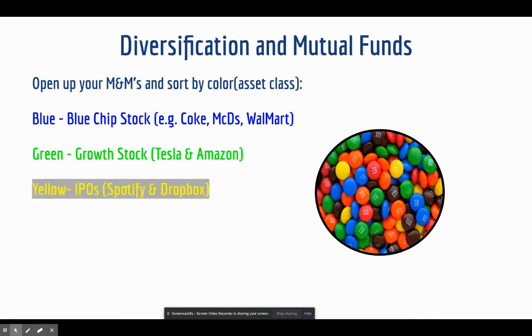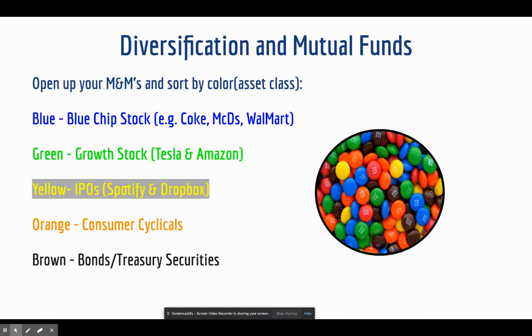Yellows were some IPOs or startups, Spotify, Dropbox, Peloton, some of the most recent companies that have gone public. Orange would be your consumer cyclicals, so companies that are closely tied to the economy. And then we would add some bonds, some treasury securities, and then anything else that we hadn't spent would be held in the form of cash.